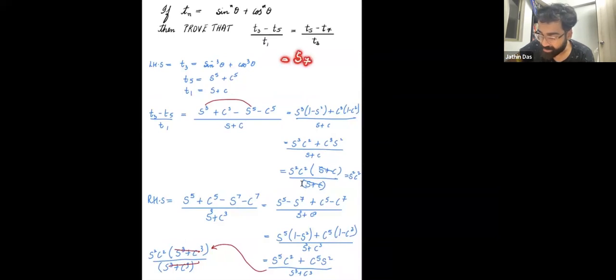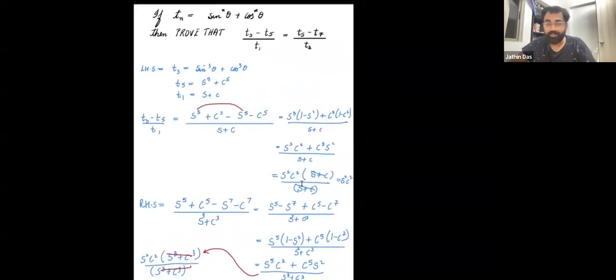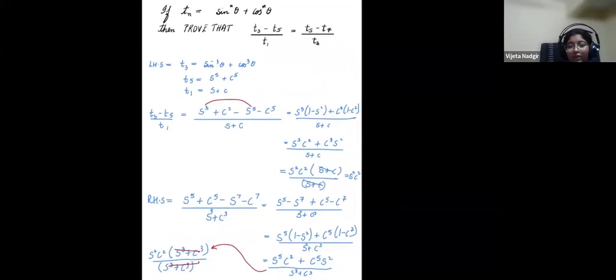Next, you can write it as T7 minus T9 divided by T5. All the odd powers, keep on doing. It all will be the same, it will still work.